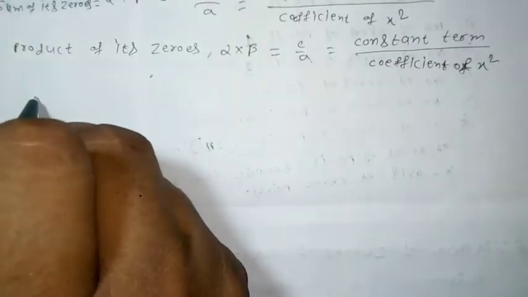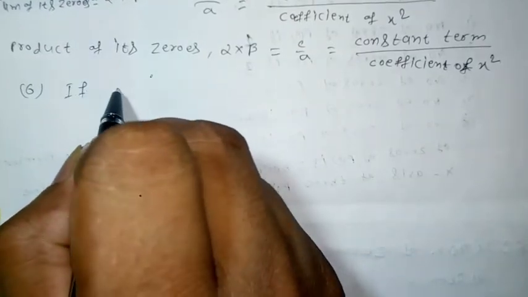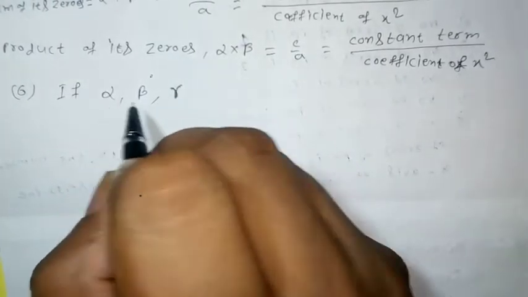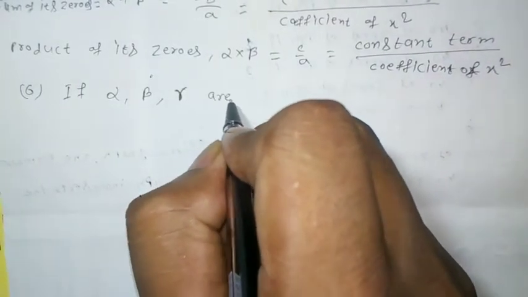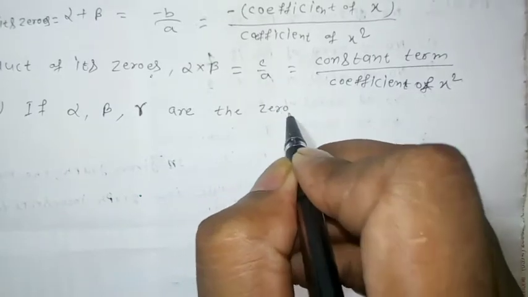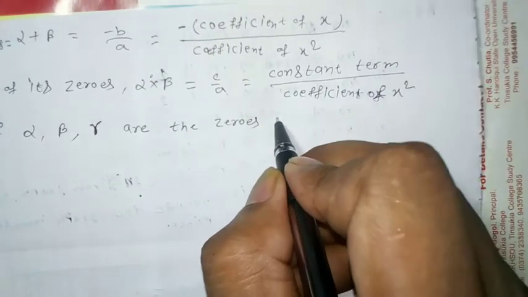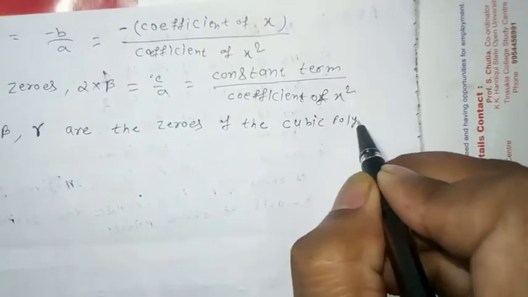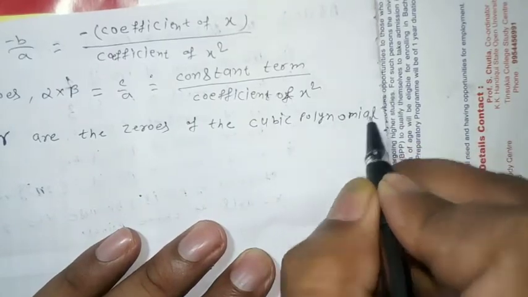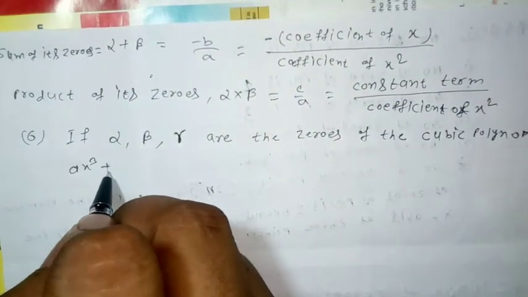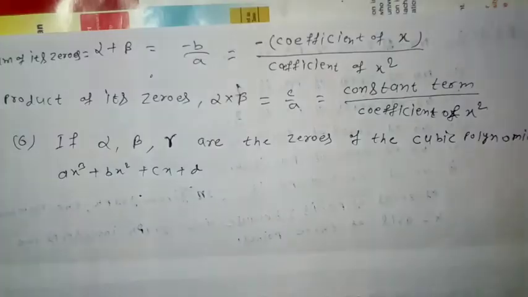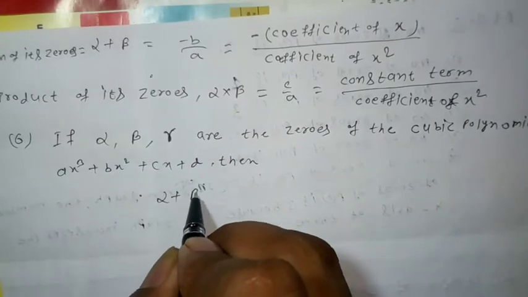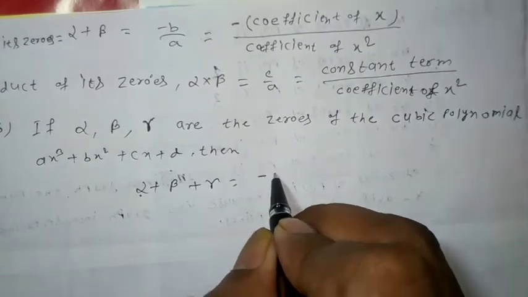The next point, point number 6: if alpha, beta and gamma are the zeros of the cubic polynomial ax cube plus bx square plus cx plus d, then alpha plus beta plus gamma is equal to minus b by a.